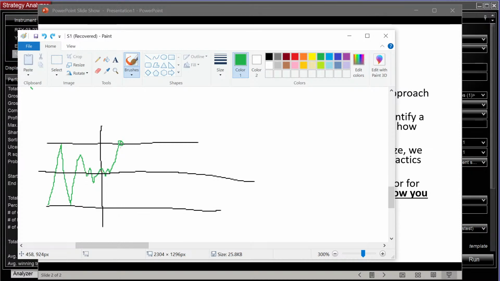But a lot of times price can break above the opening range high and then go into a consolidation state.